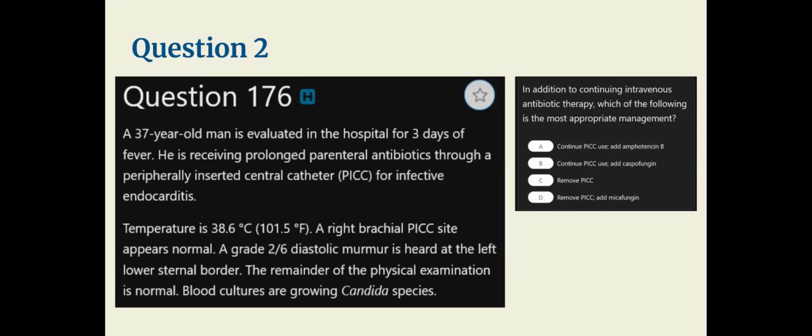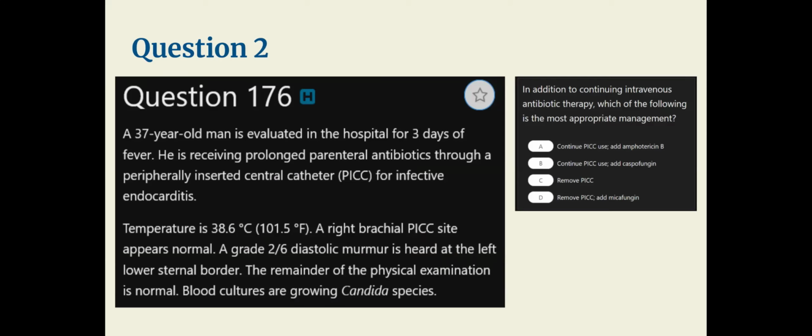The next question is a 37-year-old man evaluated at the hospital for 3 days of fever. He's receiving prolonged parenteral antibiotics through a peripherally inserted central catheter, or PICC line, for infective endocarditis. His temperature is 101.5. He has a right brachial PICC site that appears normal, a grade 2 out of 6 diastolic murmur heard at the left lower sternal border, and the remainder of the physical exam is normal.